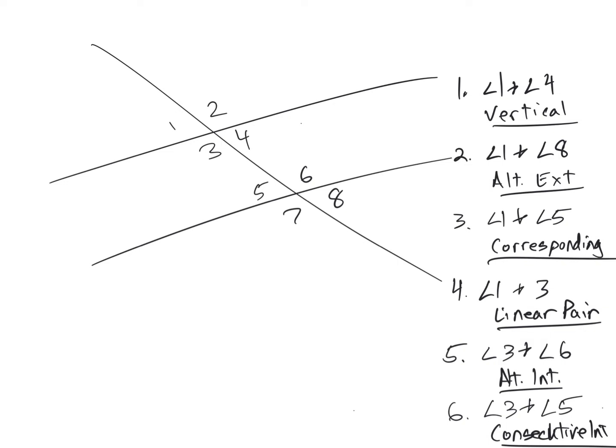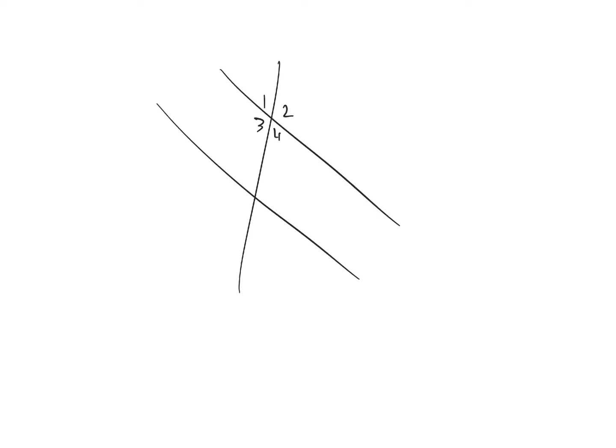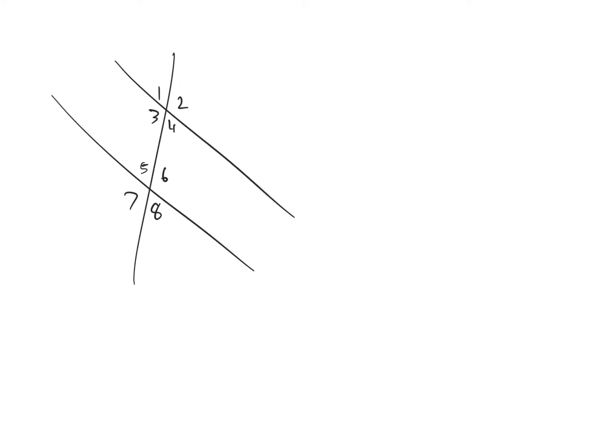Let's do it again. All right. So now, let's draw this. 1, 2, 3, 4, 5, 6, 7, 8. Number 1, angle 3 and angle 5. 2 is angle 2 and angle 6.